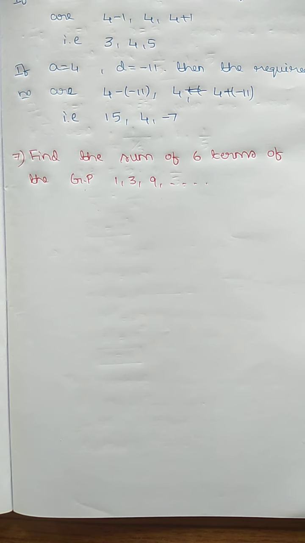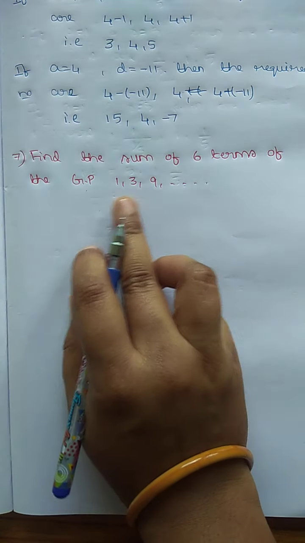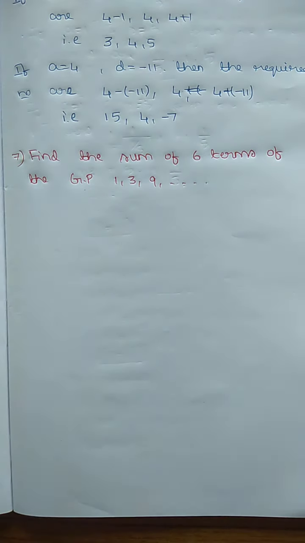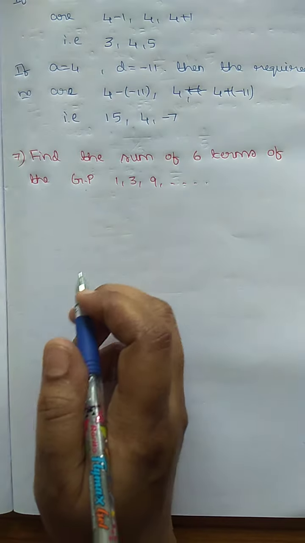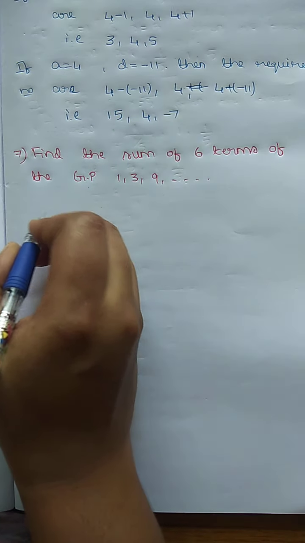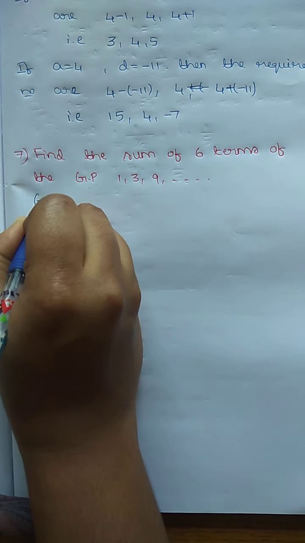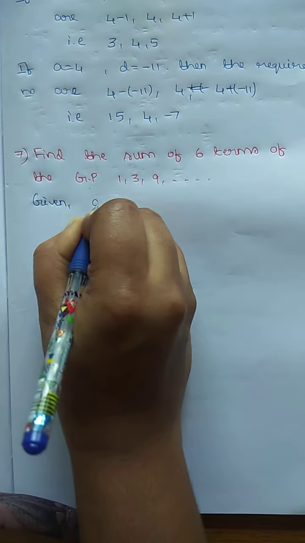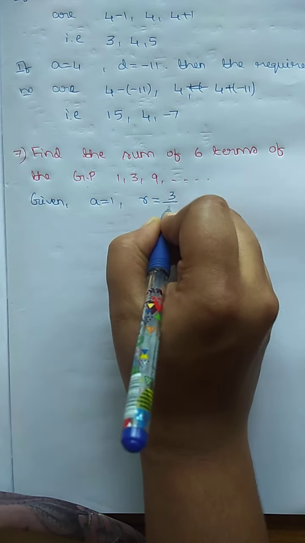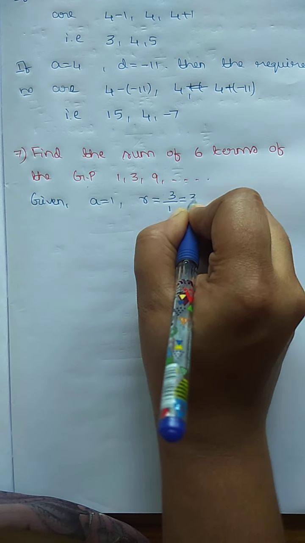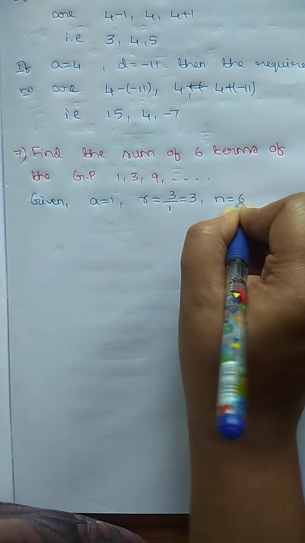Next problem is, find the sum of 6 terms of the GP 1, 3, 9, and so on. Sum means we have to find Sn, 6 terms is S6. First write down the given data. Given first term a equals 1, r means second term by first term, 3 by 1 equals 3, n equals 6.